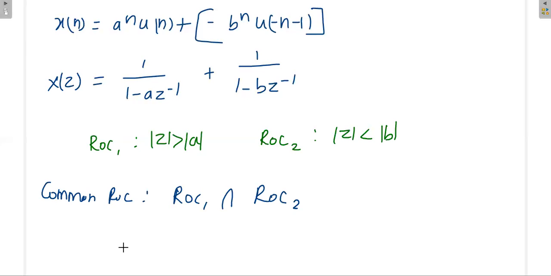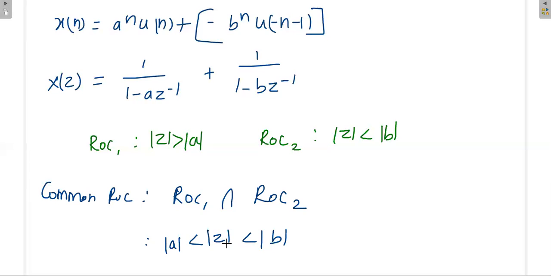Again, we do not know the nature of a and b. a may be greater than b or a may be less than b. But if you want to write the common ROC, it is mod z greater than mod a but less than mod b. So this is the common ROC.